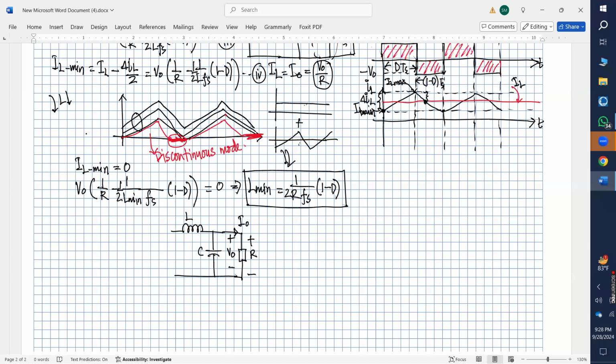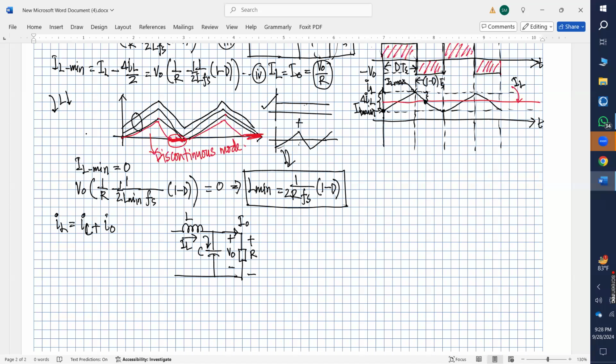Yes, sir. So the DC value that you are getting here is going to the load, right? All the changing current that is going to the inductor will go through the capacitor, right? Yes, sir. So in a Kirchhoff's current law equation, we can write IL is nothing but IC plus I naught.